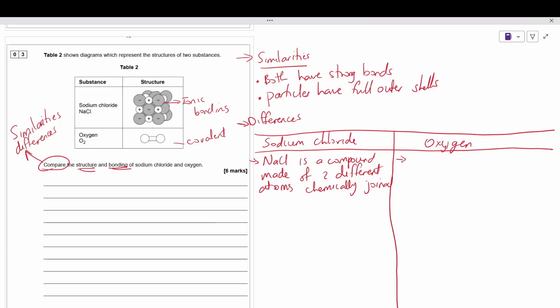Then for my oxygen, oxygen is an element made of atoms of the same kind.